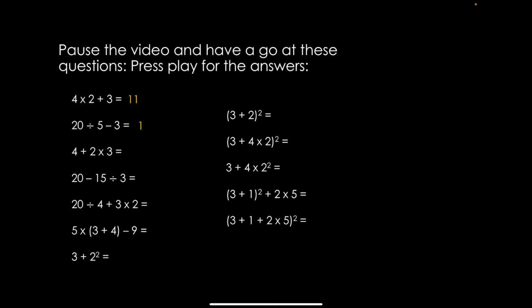The next one will be 1, and then 10, and then 15. Because you end up with 20 take away 5, because 15 divided by 3, which you have to do first.